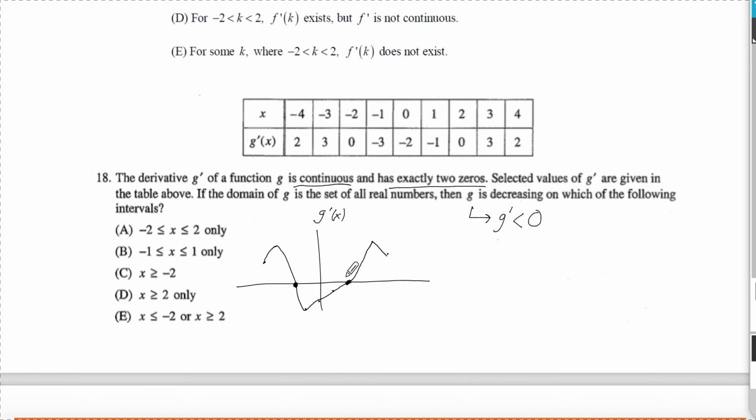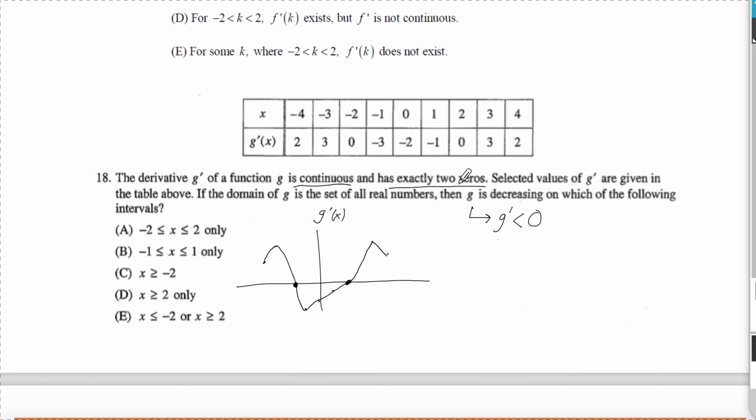So if my g prime graph crosses here and here only, what do I know then about g prime of x? Because g prime has only 2 zeros. I'm looking for where g prime is going to be less than 0.